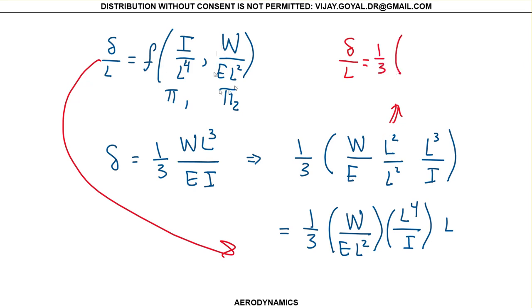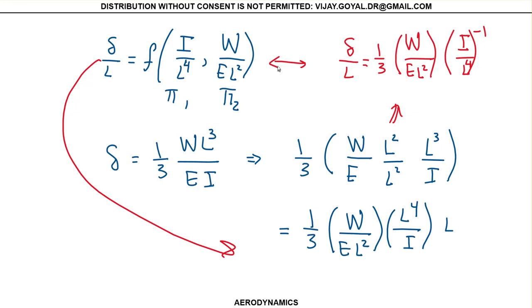This term remains as is, W E L squared. And then this term remains, this is how we defined it, so we want to keep it like that, L to the fourth. And it will be -1 when I compare to this one. And the L actually came to the other side. So this is how these two get related to one another.